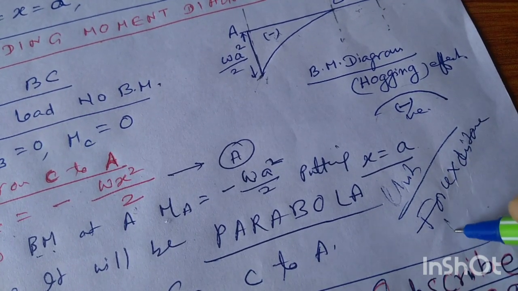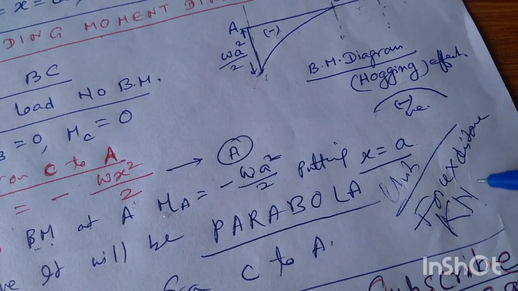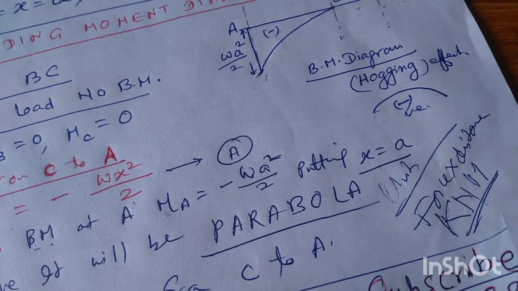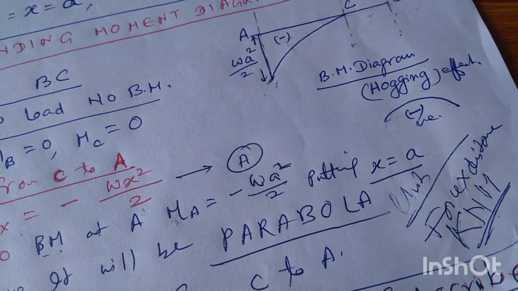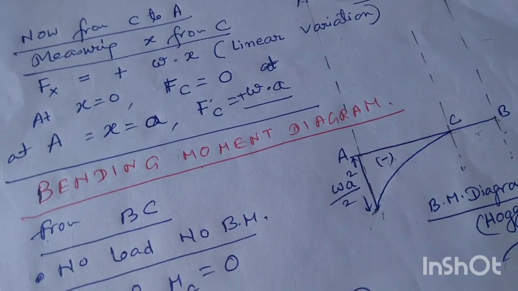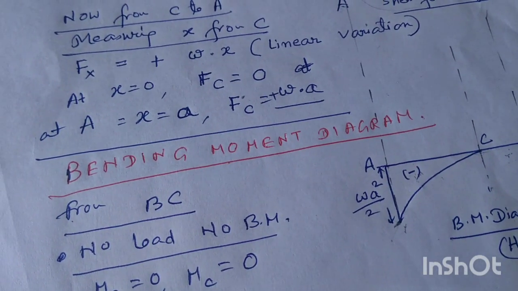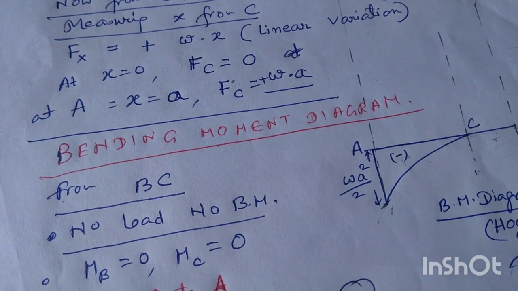That is, if force is kilonewton and distance is meter, the unit will be kilonewton meter. And for shear force diagram, unit will be only kg or newton or kilonewton force only.